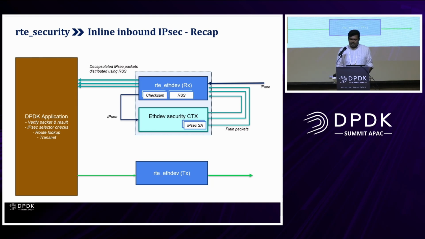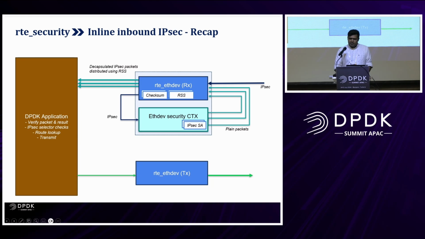As shown in the slide, we can have IPsec packets received in RT-ETHDEV, which can get internally IPsec processed, and this is what we call inline IPsec. From the application's point of view, it would be just like how checksum would be done today.